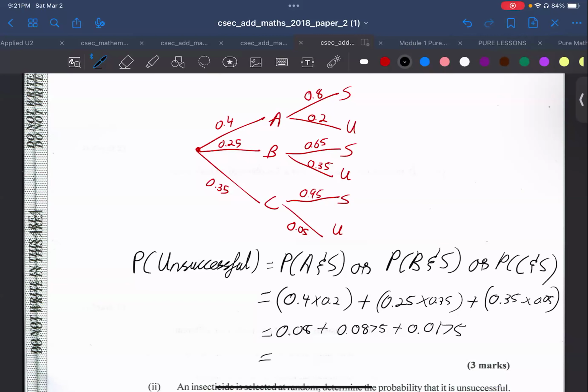When you add those together, 0.08 plus 0.0875 is 0.1675, plus 0.0175 is 0.185. Yeah, 0.185. Go check your calculator. Yeah, that should be correct. So that's how a tree diagram works.